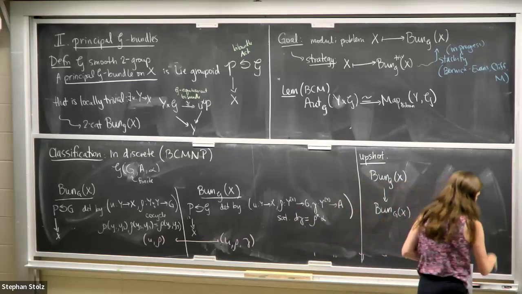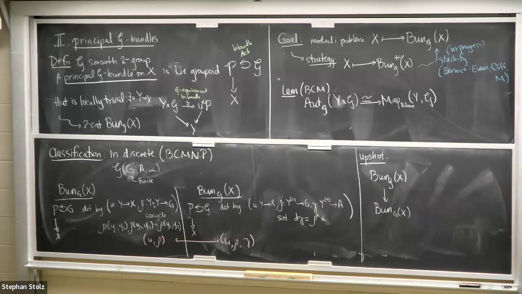Right, so if we have a G bundle over X, its fibers are going to be equivalent to trivializations of rho star alpha.